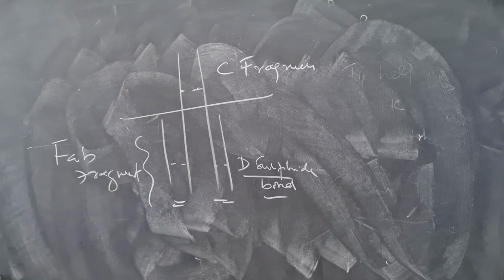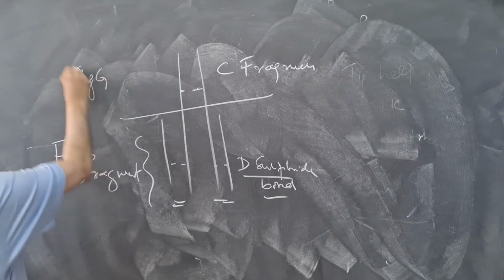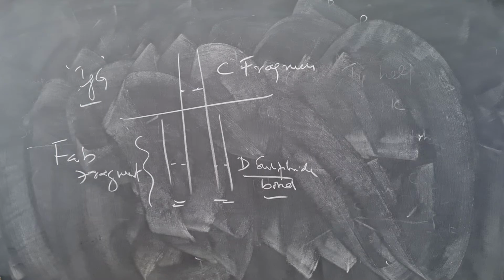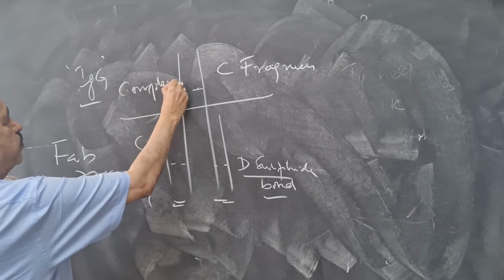A pair of heavy chains and a pair of light chains held together by disulfide bonds. So this is the structure of IgG. This is the place where they fix complement.